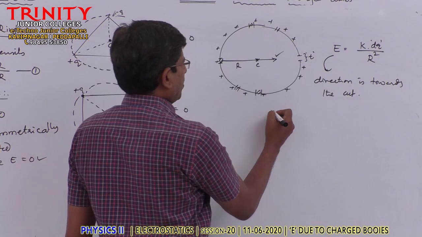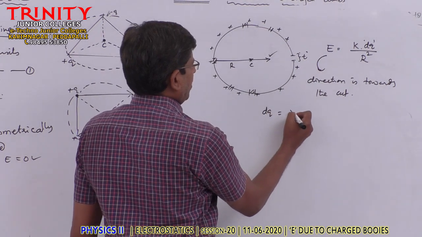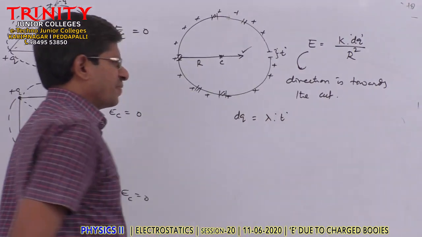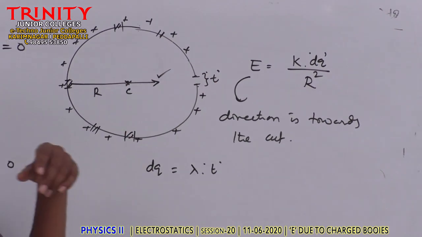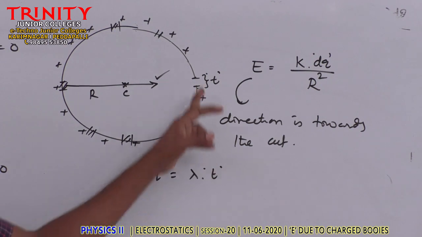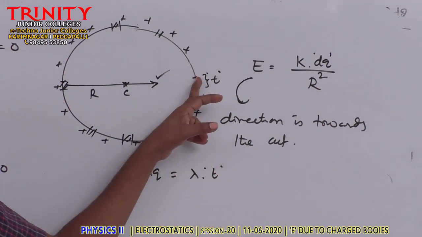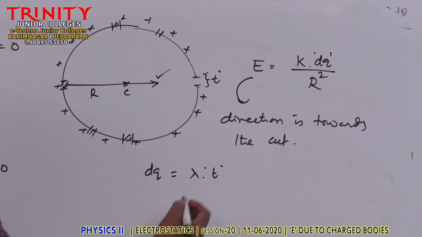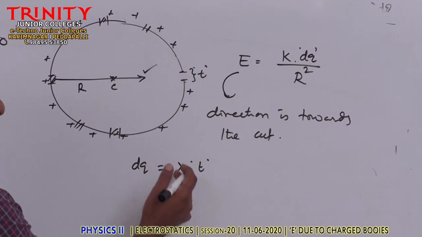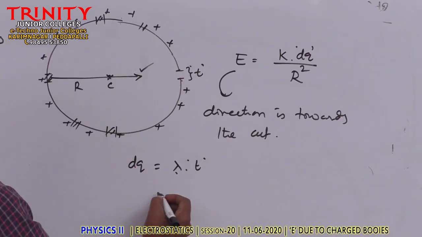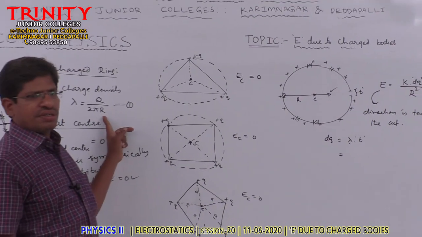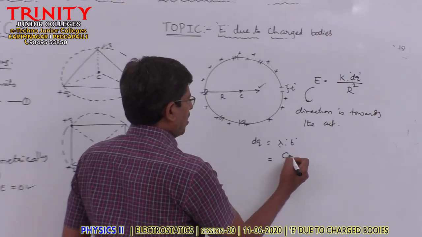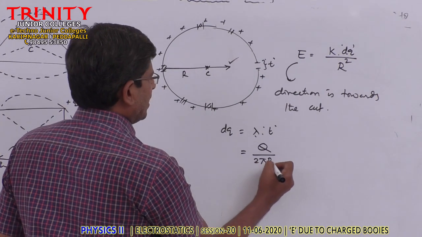And what is the dq here? dq is nothing but lambda into t. You can take dt, dx, whatever, it's your wish, but t indicates not the time here, but the thickness of the cut there. So lambda is nothing but charge per unit length into length of this cut. What is the charge per unit length? I said lambda, somewhere I wrote here, is q by 2 pi r, into t.